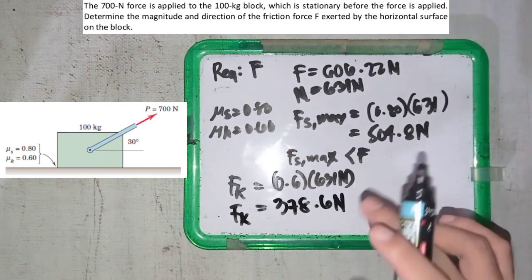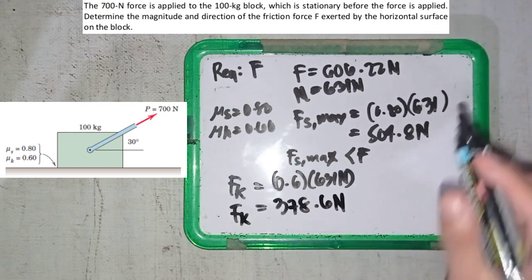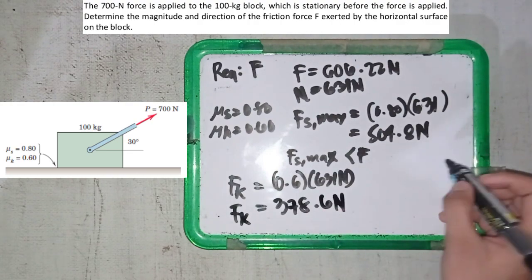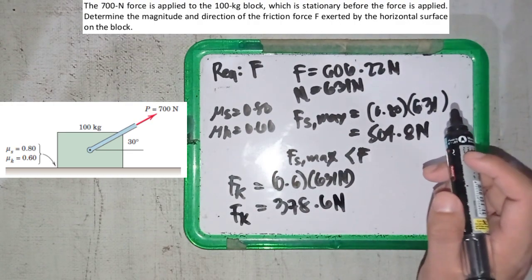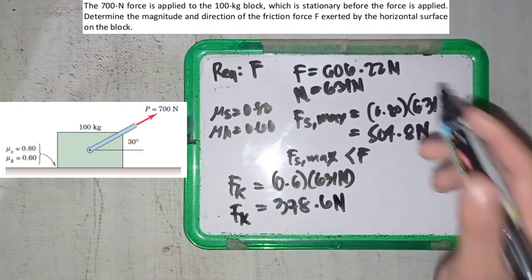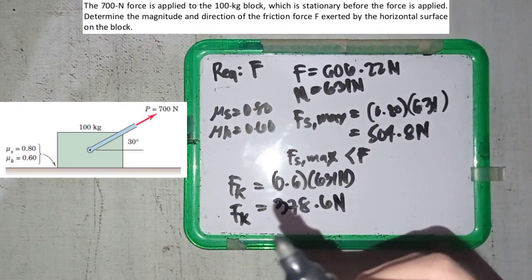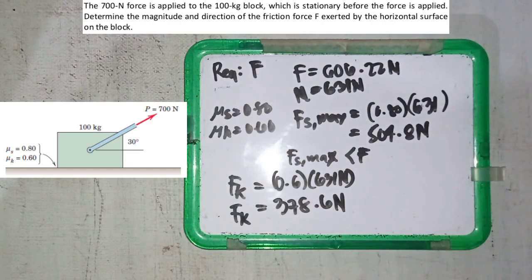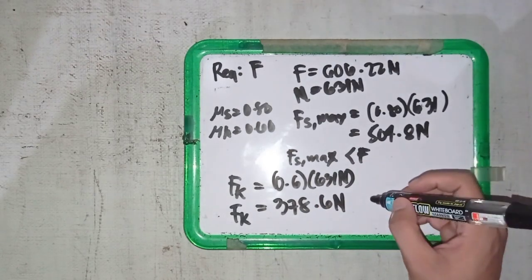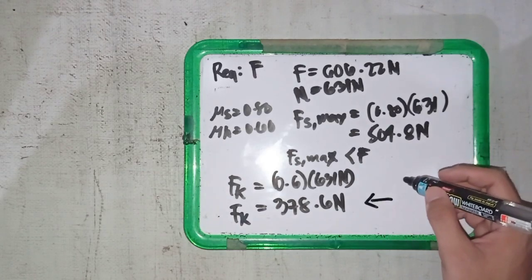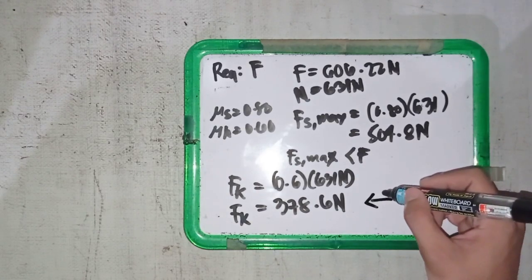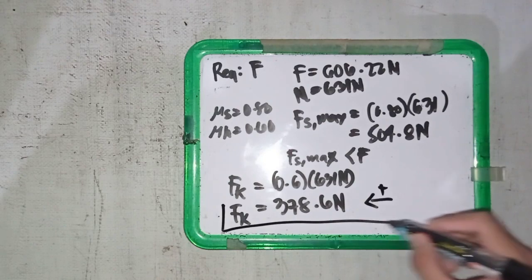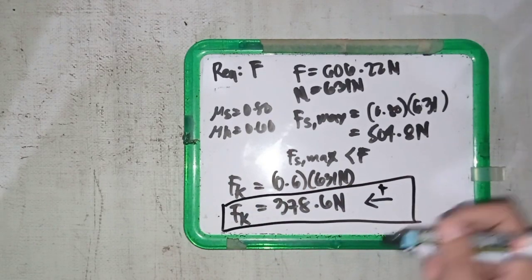And since the possible direction of the block is going to the right, from the law of friction, the friction is always in the direction opposite to the applied force or the movement direction of the object. So this will be going to the left. Positive but going to the left. That's the answer.